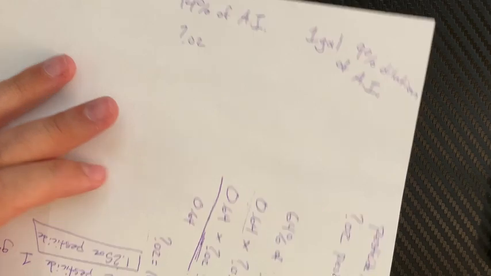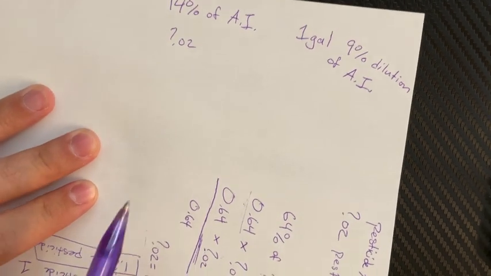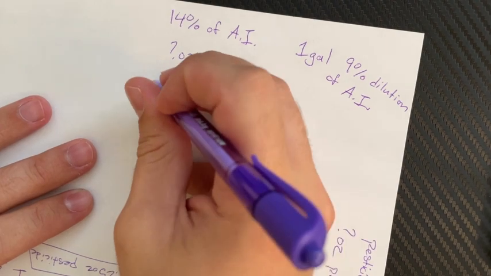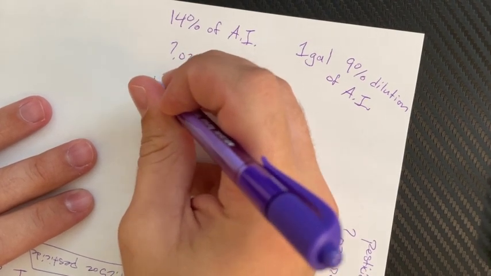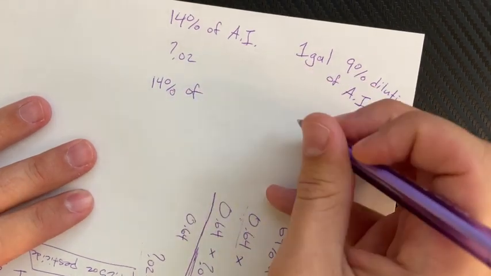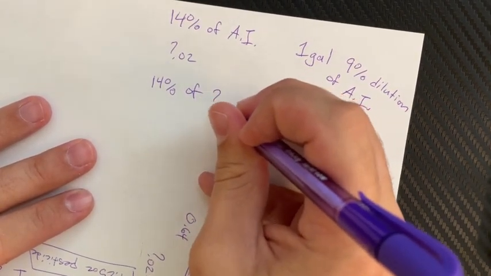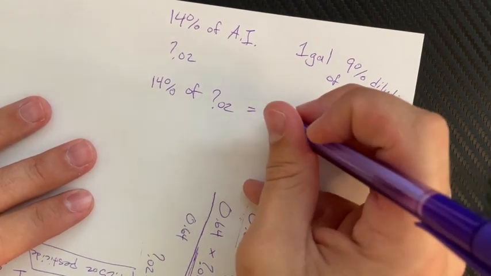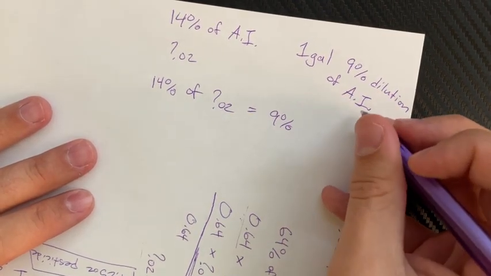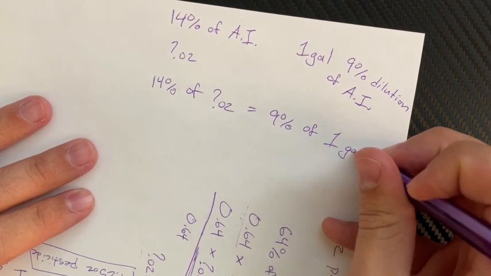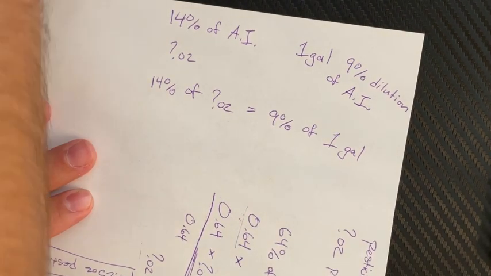Okay? What are you doing first? You're just gonna write a sentence, okay? You're gonna write 14% of however much we're gonna add has to be 9% of 1 gallon. Okay, now we're gonna turn this into math.